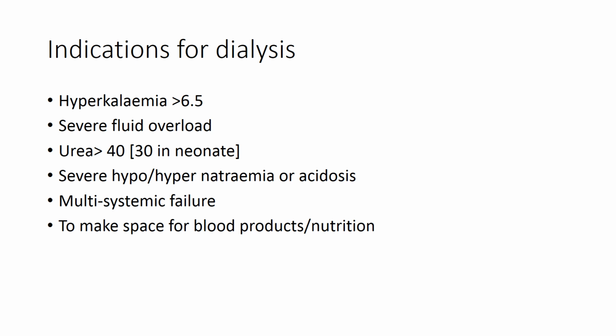In the interim, while waiting for dialysis to be established, we follow the hyperkalemia protocol, which includes cardioprotection with calcium gluconate, and use of salbutamol, which can be given nebulized, 2.5 milligrams continuously to children less than 5 years, and 5 milligrams nebulized continuously to children older than 5 years.